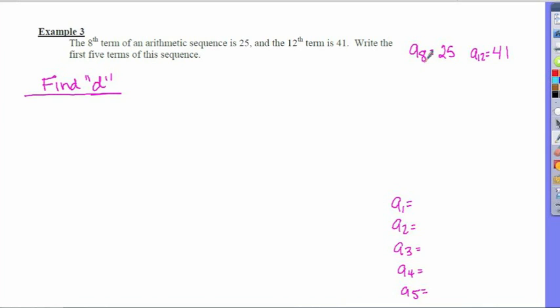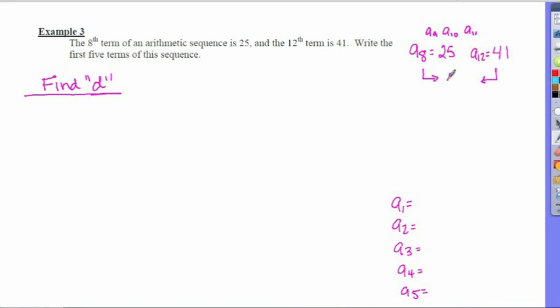Well, between 8 and 12, we have 4 terms. Well, we have A8, and then we're going to have A9, A10, A11. We're going to have to count the difference 4 times. We're going to have to go from the 8th term to the 9th, to the 10th, to the 11th, and to the 12th.